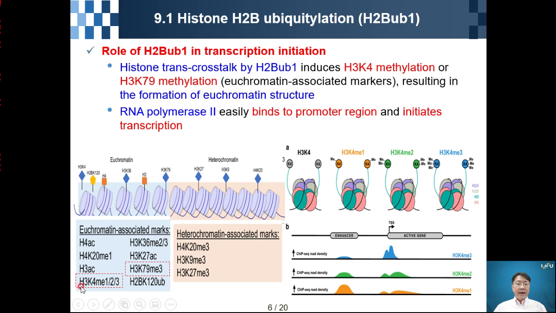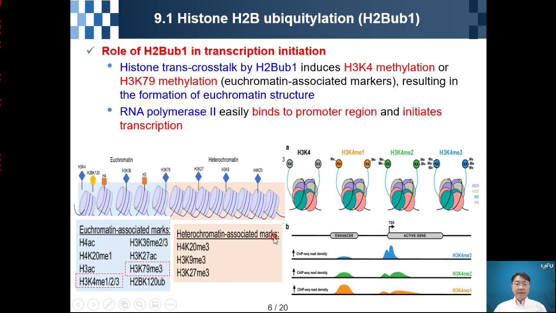For example, H3K4 methylation, whether mono-, di- or tri-methylation, is a euchromatin associated marker. And also H3K79 3-methylation is a euchromatin associated marker. Let me show you another example, a heterochromatin associated marker.